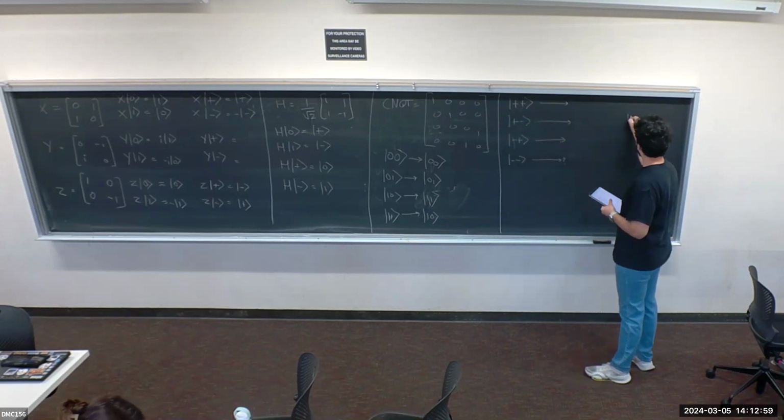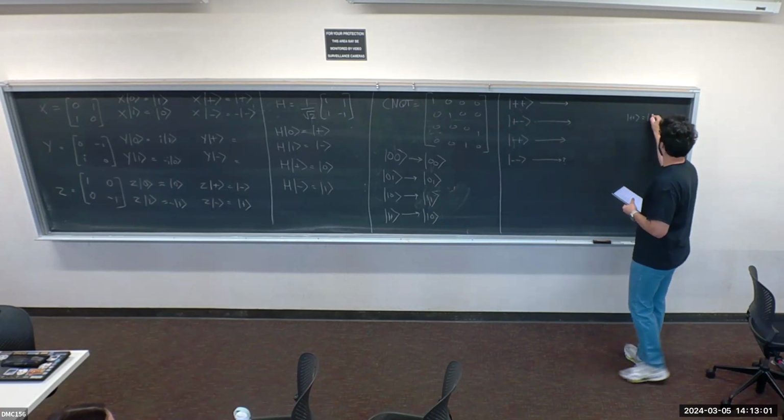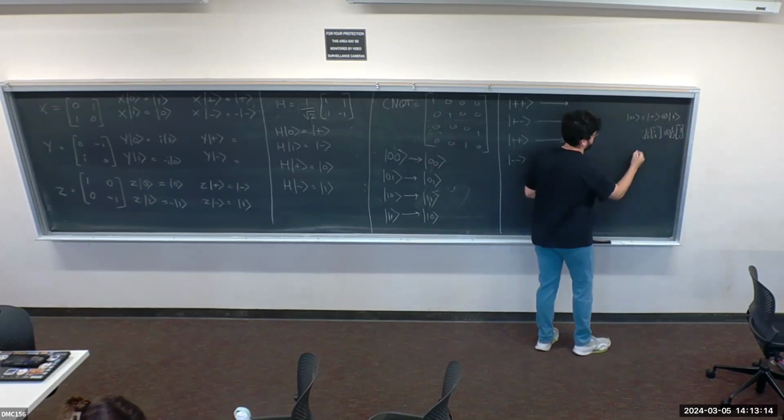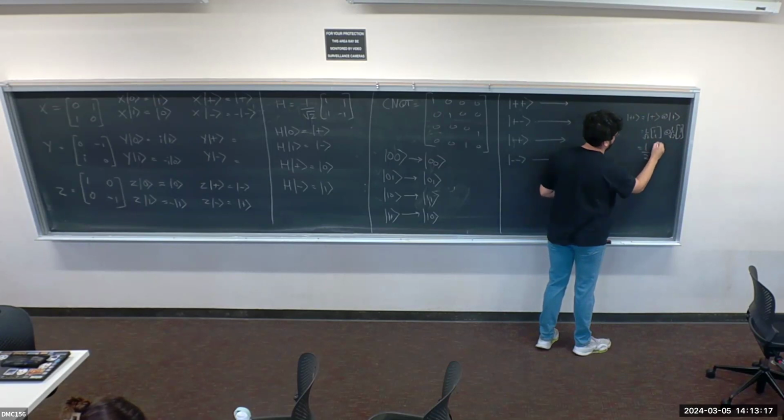We know that the plus plus state is nothing but plus tensor with itself, which is 1 over root 2, (1, 1), tensor with 1 over root 2, (1, 1), which equals half times (1, 1, 1, 1).